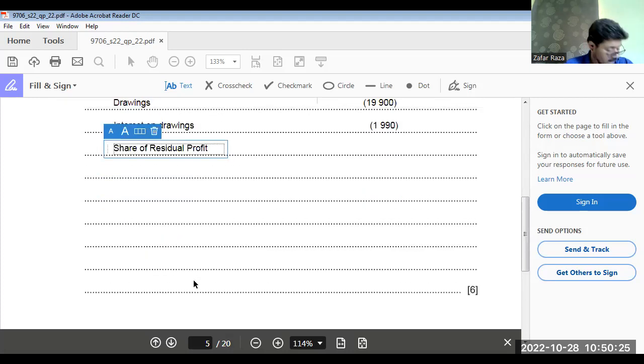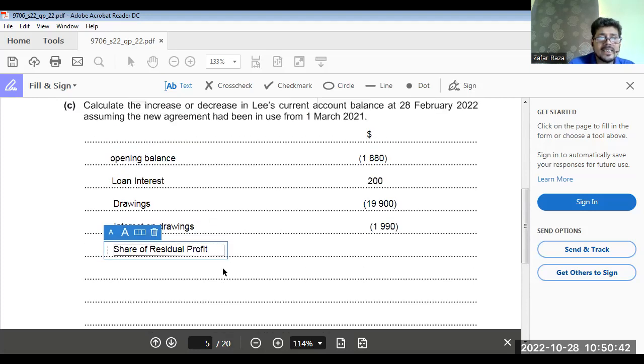The profit of the firm was 53,620, calculated in the income statement. Now we have to add interest on drawings of both the partners.